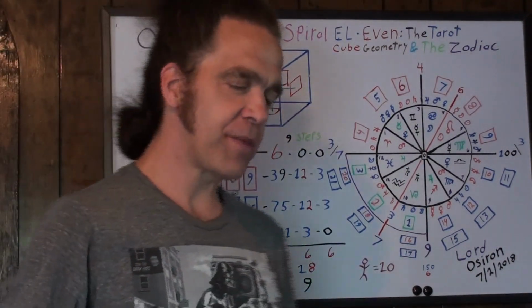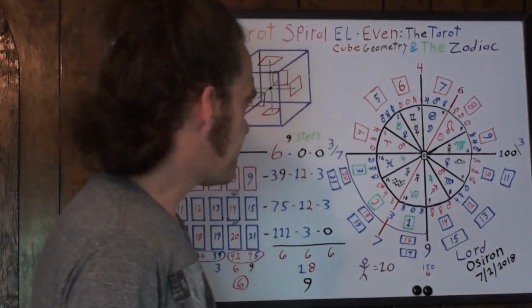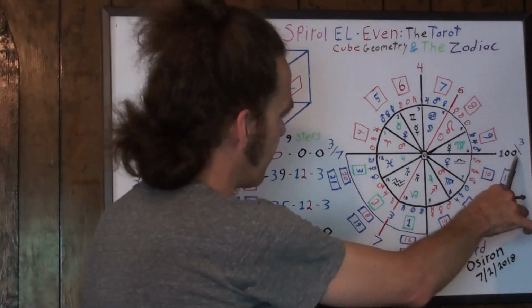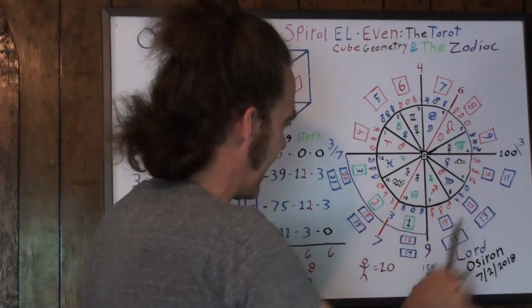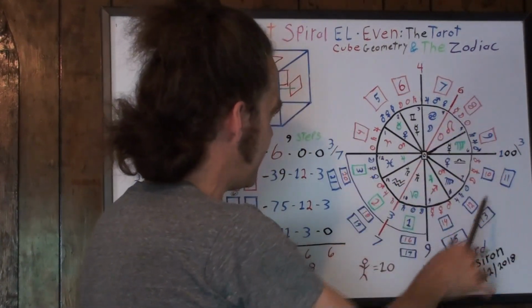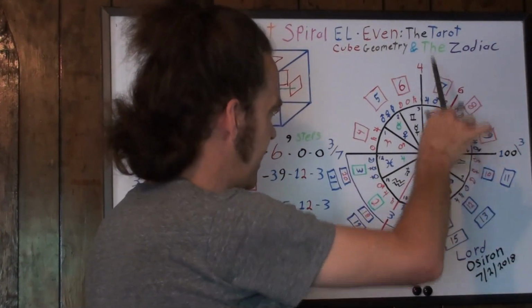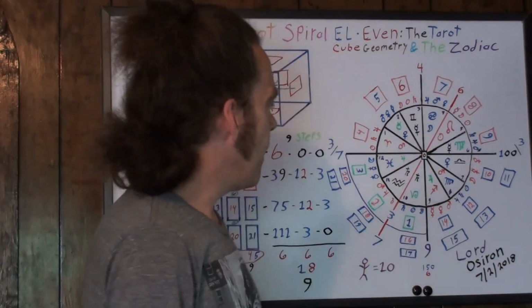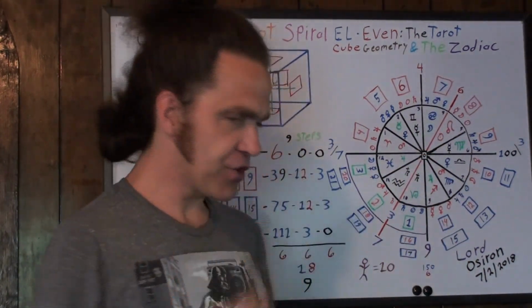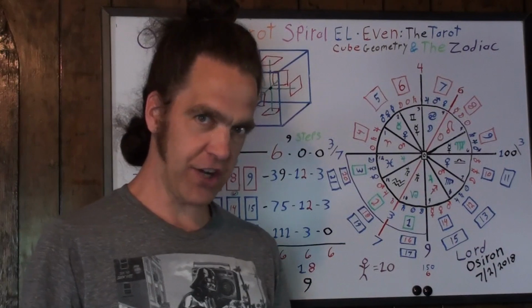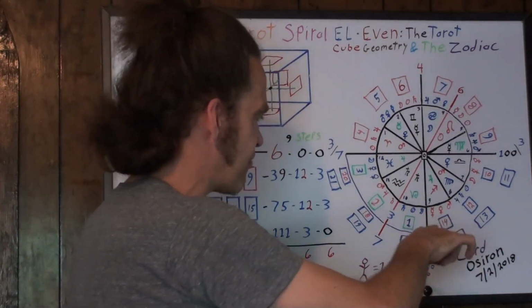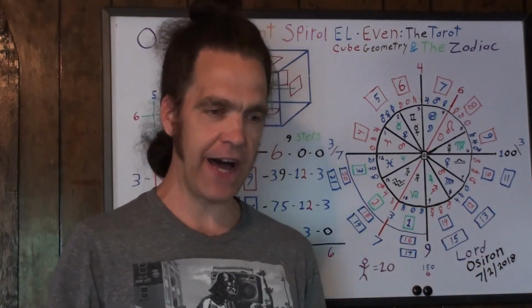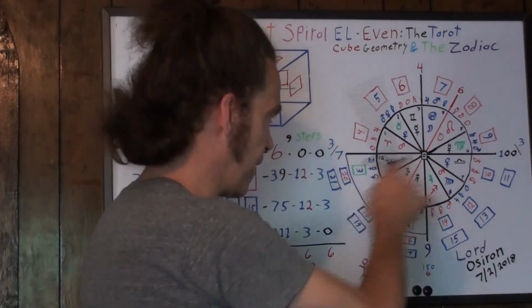Now there's something else I want to get into that's pretty important. You see how there are numbers at the apex of each of these four lines, the equinox line and the solstice line? How these numbers come to be, which I explained before, is that if you add all the tarot cards on either side of the line, it reduces to one of these numbers.